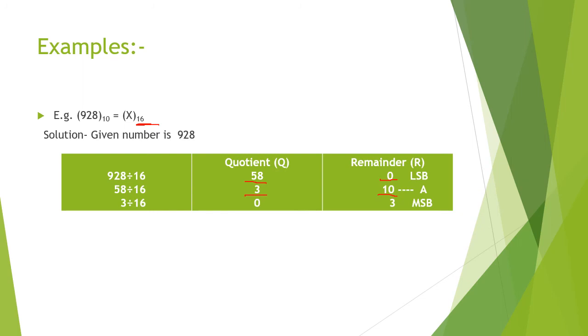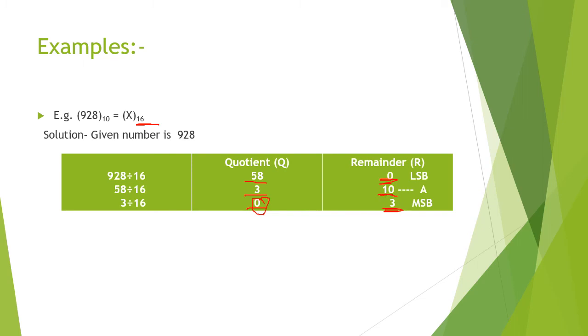Now 3 divided by 16. Now the quotient becomes 0 and remainder is 3. As the quotient is 0 here, we are going to stop our process, and the last digit is our MSB and the first remainder is our LSB. Now in case of hexadecimal, we cannot write 10 like this.